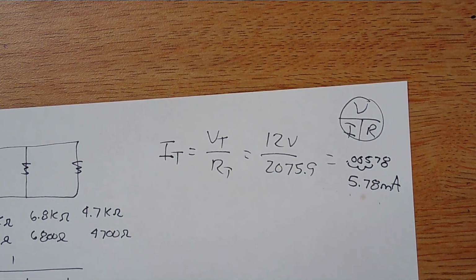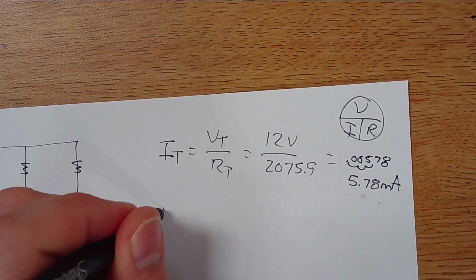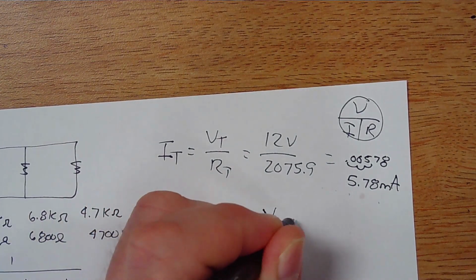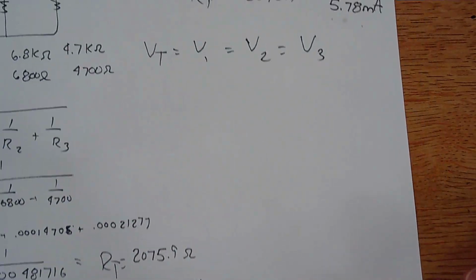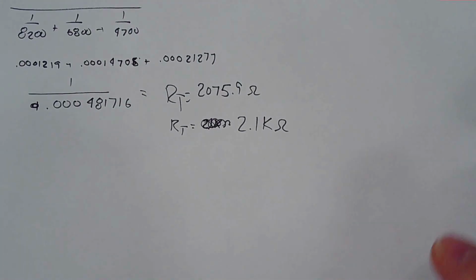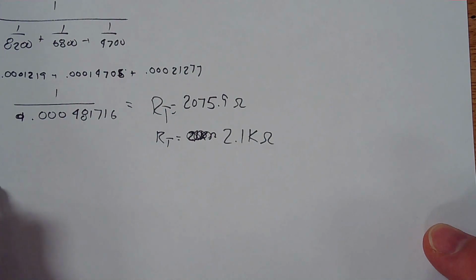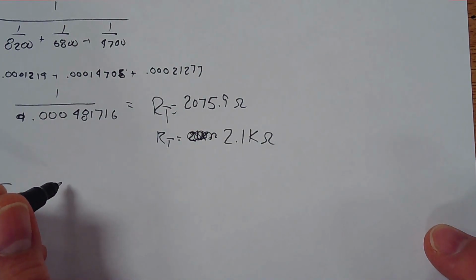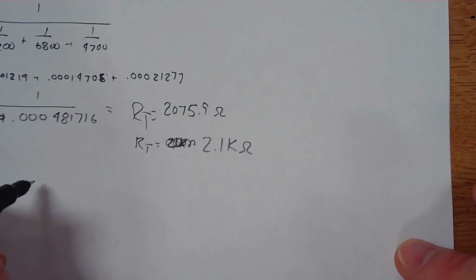Okay, so now all I need to do is figure out the branch currents, because in a parallel circuit, the voltage total is equal to voltage at 1, which is equal to voltage at 2, which is equal to voltage at 3. So the current at 1 is equal to voltage divided by resistance.